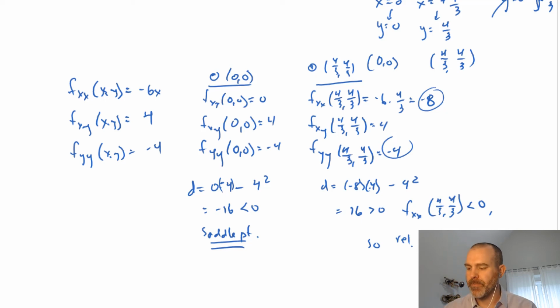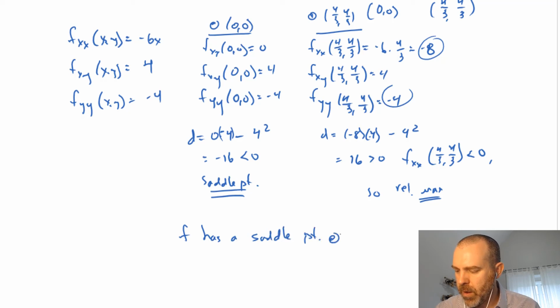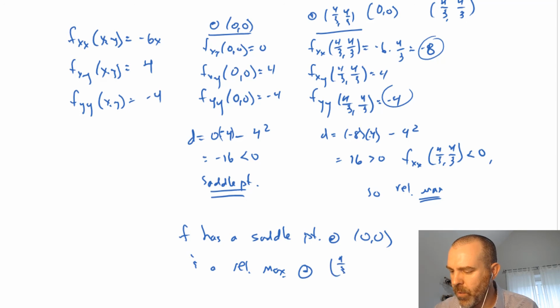Let's write a nice answer here. f has a saddle point at (0, 0) and a relative maximum at (4/3, 4/3).